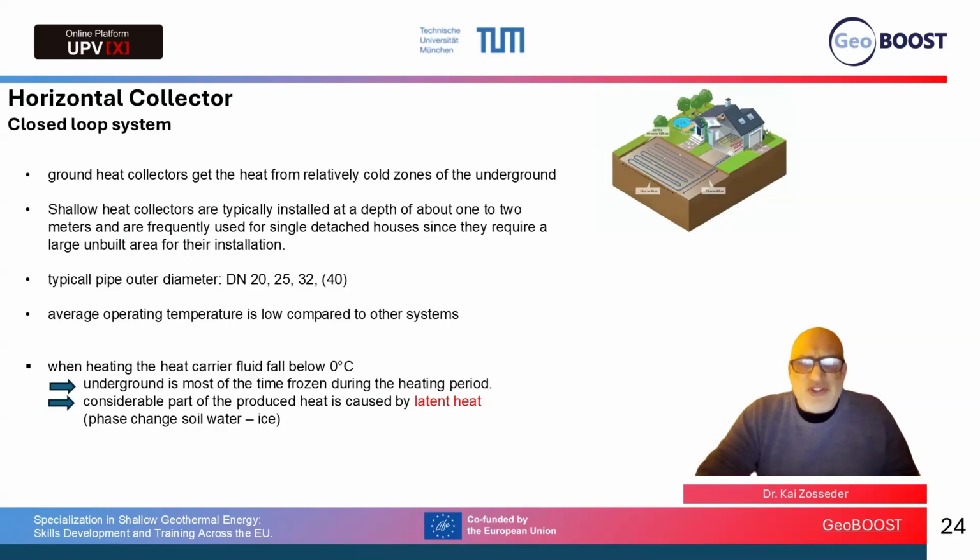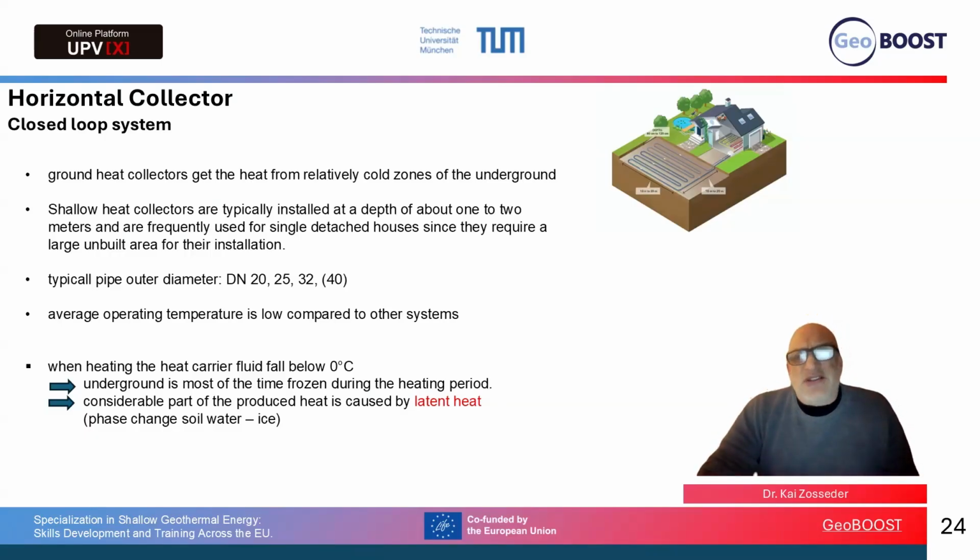But of course, you have to make sure that this freezing period is not too long, because then you can get some problems in the underground and change the surface and so on. So this should be avoided.